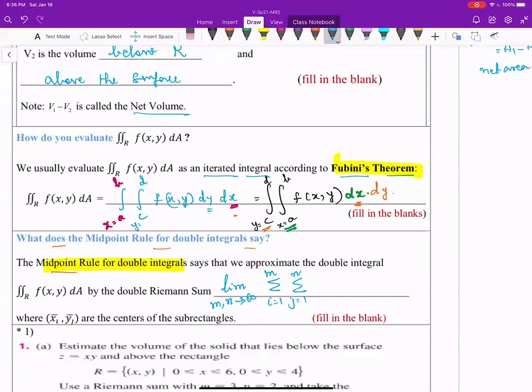The subintervals between a and b are represented by i from 1 to m. The subintervals from c to d are represented by j varying from 1 to n.